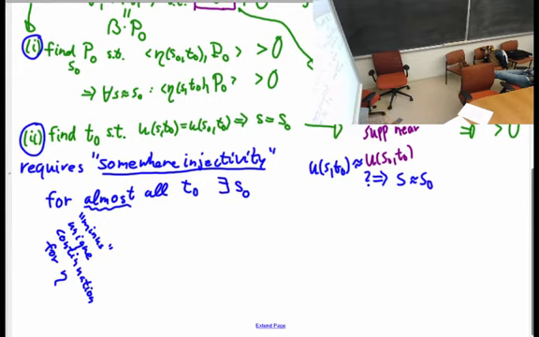There might be a unique continuation statement that says if eta is zero on an open set, it's actually zero everywhere. And that then means I really just need to find some T0 and S0, because then eta cannot be zero on a neighborhood there.